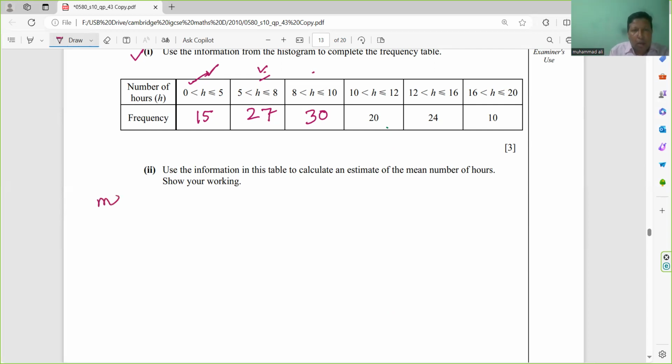The mean formula equals summation xf divided by summation f.